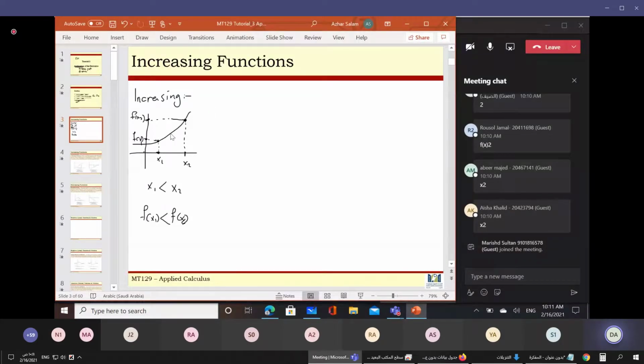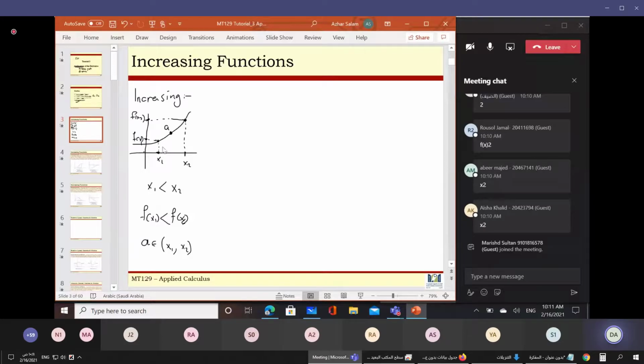Also, it's important to say that it's increasing at some point, let's say A, okay? So A is in the open interval x1, x2. It's increasing here.